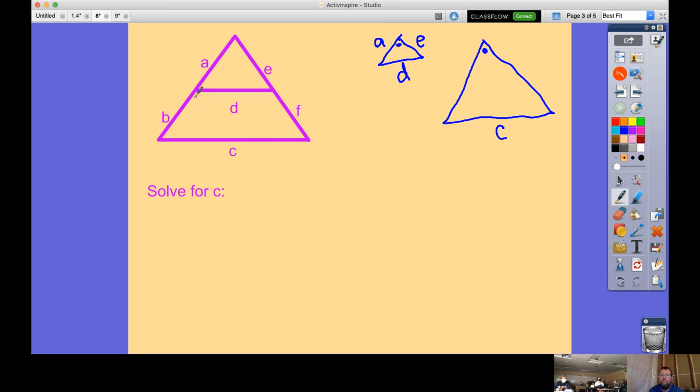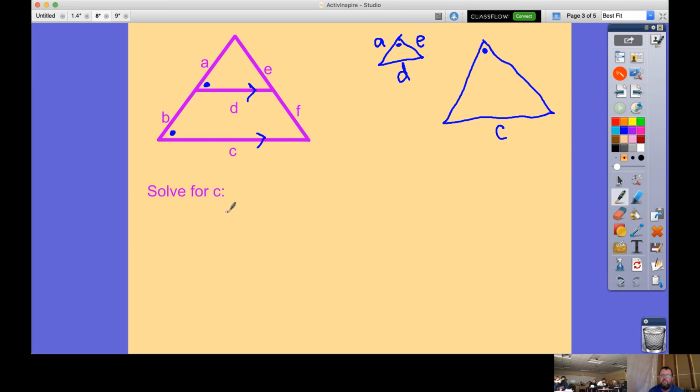Do we know that this angle here is the same as this angle here? Not technically. Technically, we do not. What do we need to know yet? If the bottom lines are parallel. Right. If I tell you these are parallel, now we can do this.